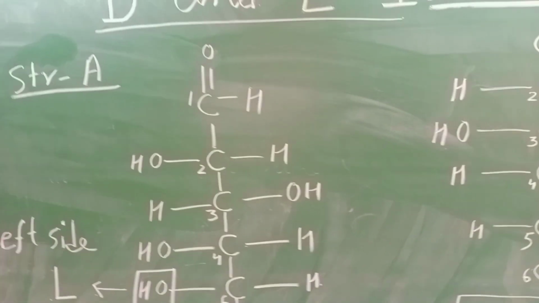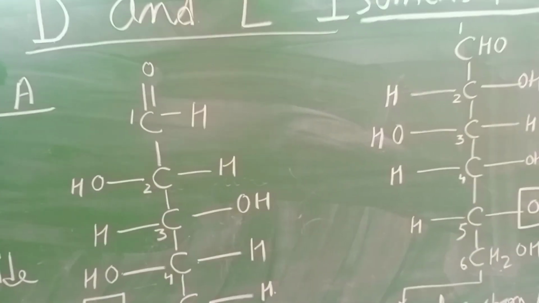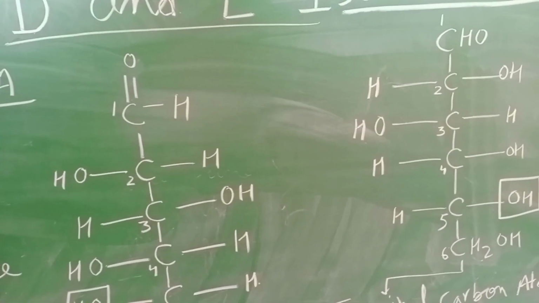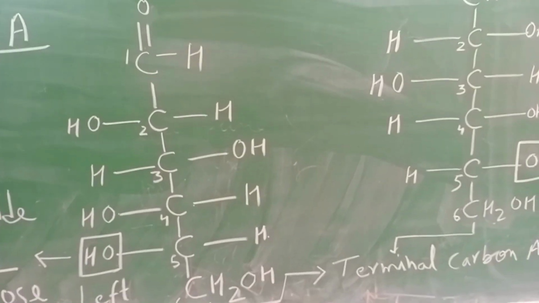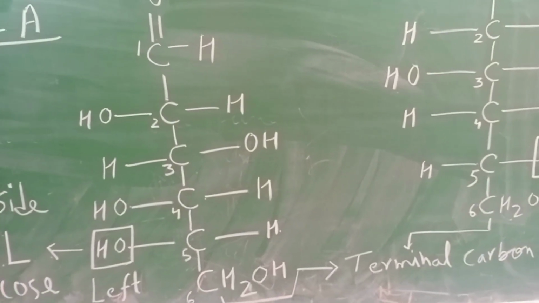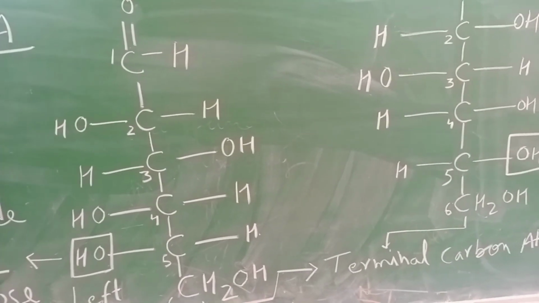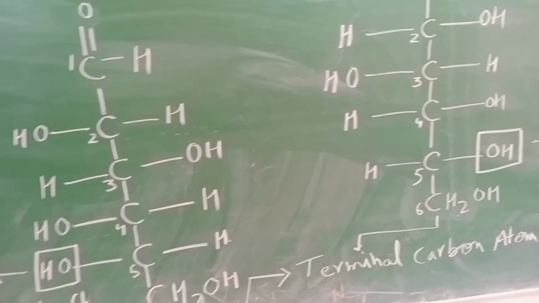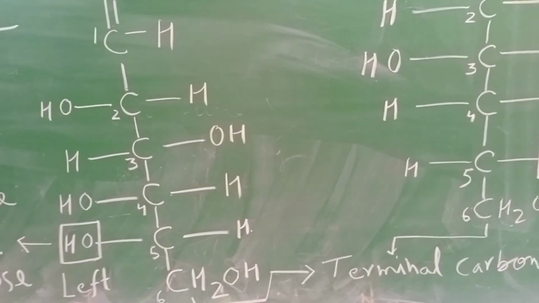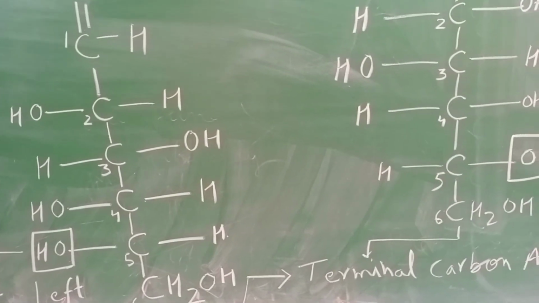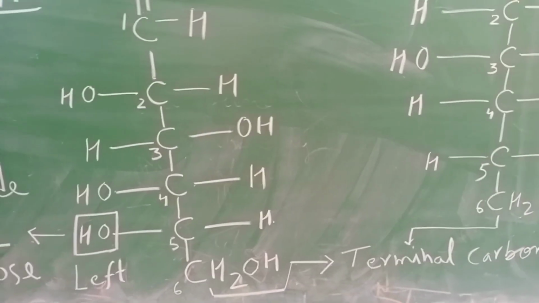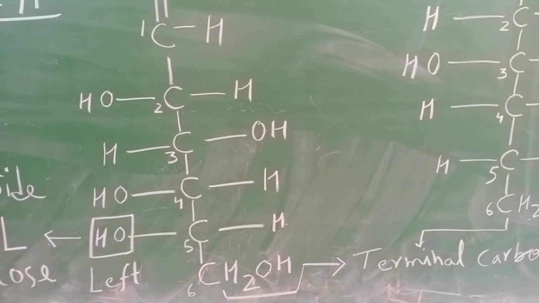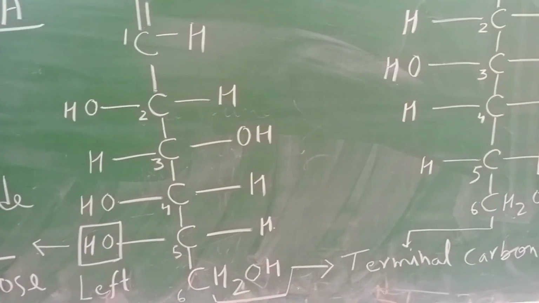Both molecules are similar in the aldehydic group, and also similar in the terminal carbon atom which I represented by an arrow, that is the last carbon atom, and the last carbon atom in both molecules is CH2OH.